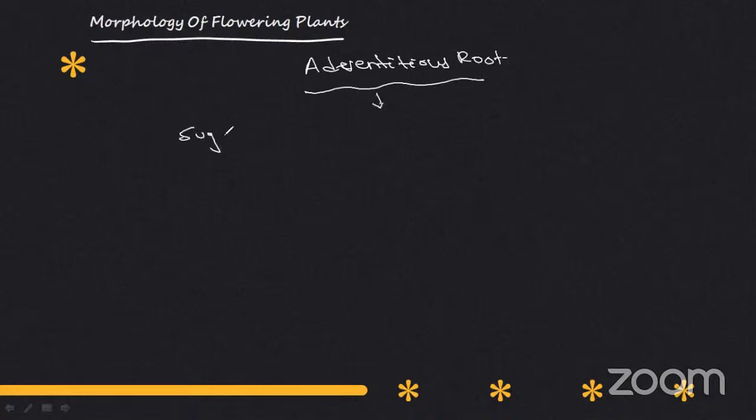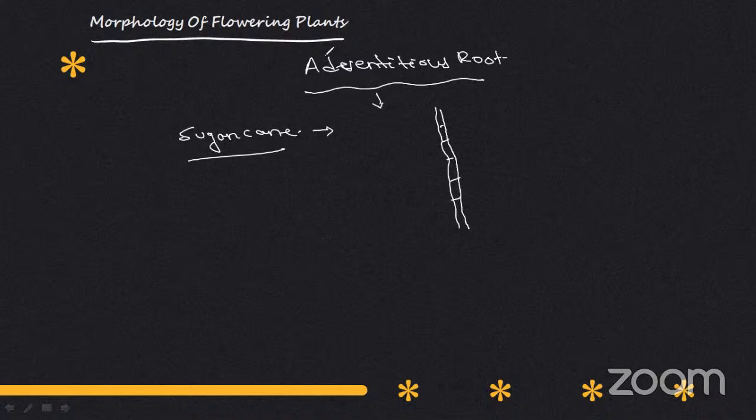Suppose this is the sugar cane. This has the nodes, okay, and you may see in the nodes there is presence of roots.